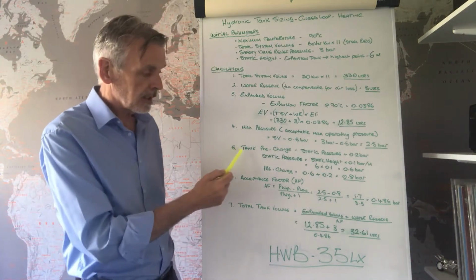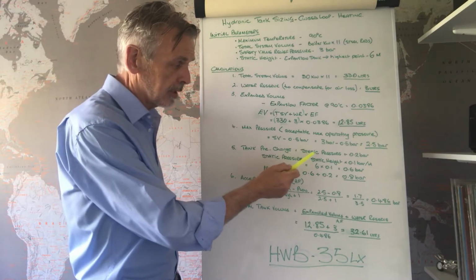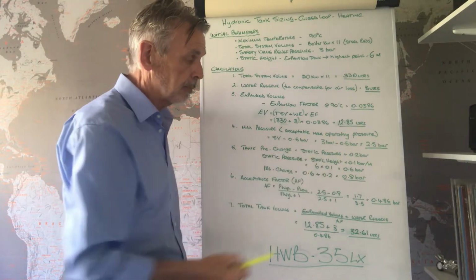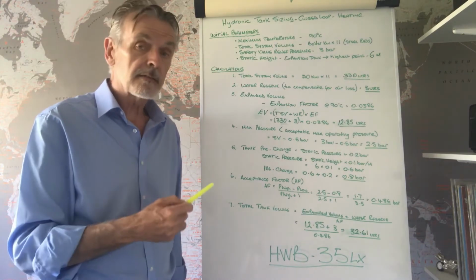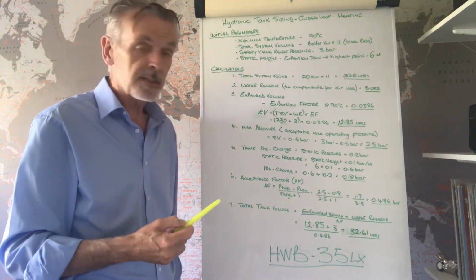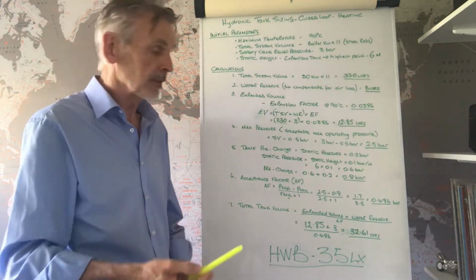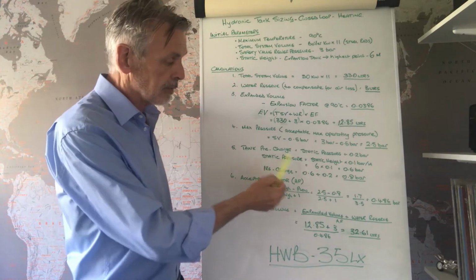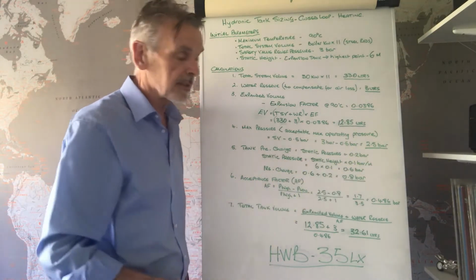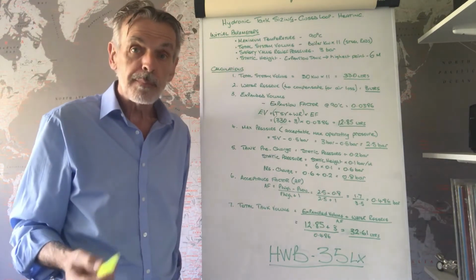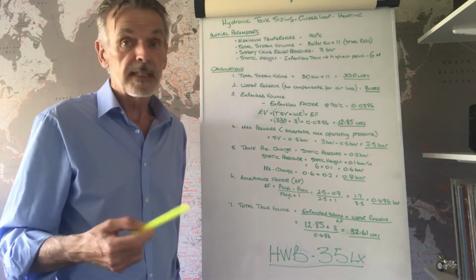Okay, we now move on to the tank pre-charge. The tank pre-charge is equal to the static pressure plus 0.2 of a bar. The reason we add 0.2 of a bar in there is to stop any vacuuming of the system once the system is filled with water and commissioned. So the static pressure is equal to the static height times 0.1 bar per metre. 0.1 bar per metre is simply every 10 metres you go up is equal to 1 bar.